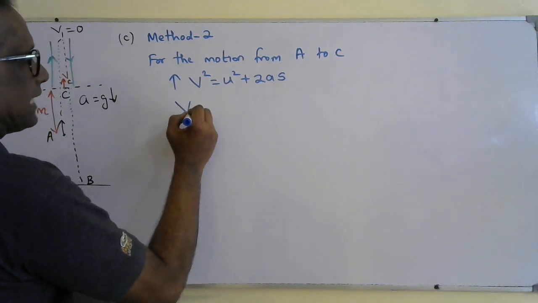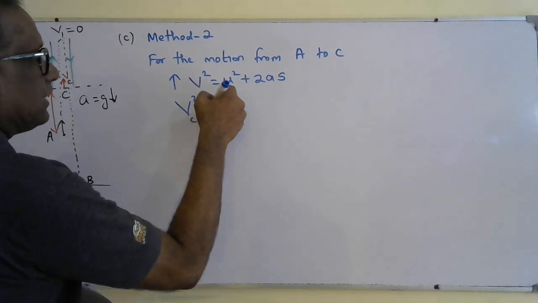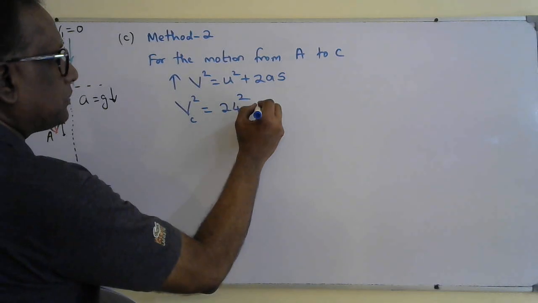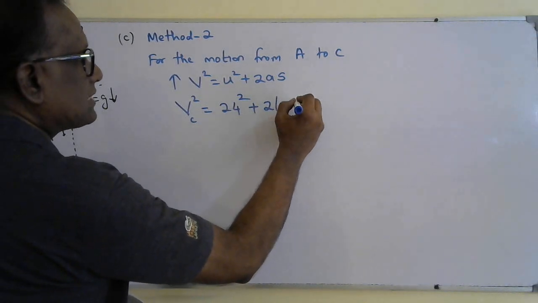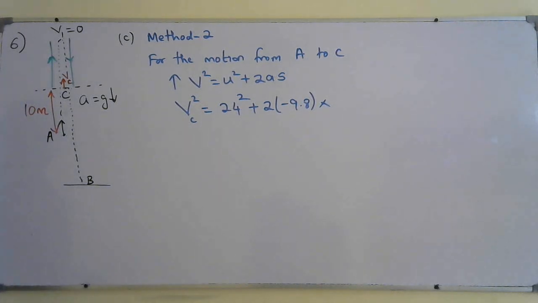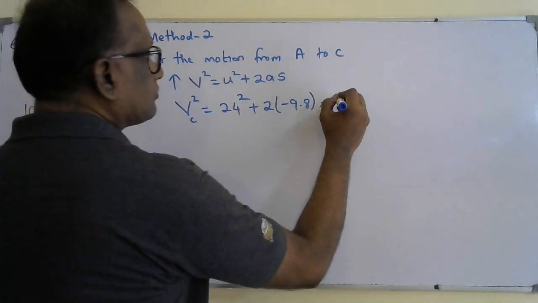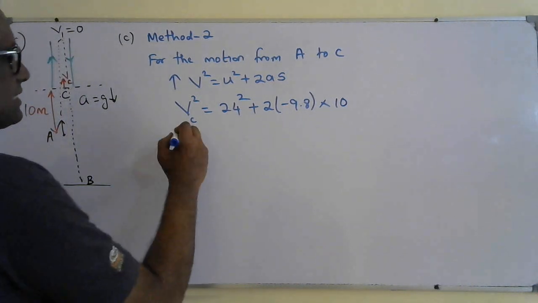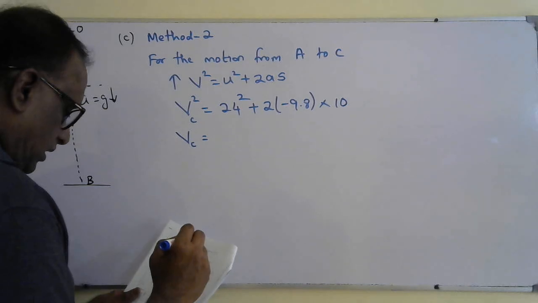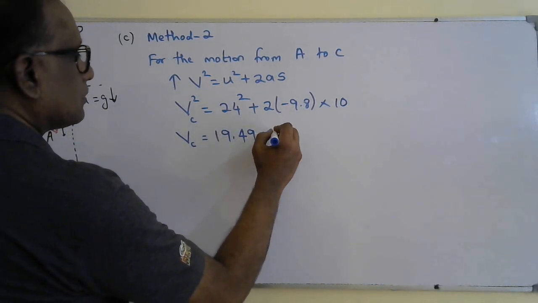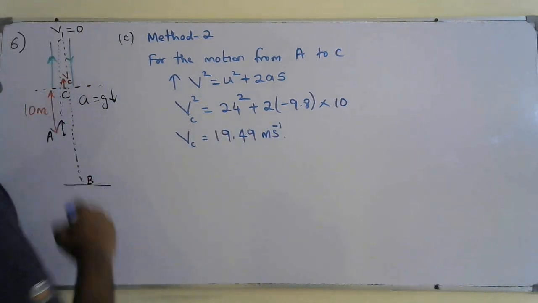V squared at C, that is Vc squared, equals the initial velocity at A, which we know is 24, squared, plus 2 into minus 9.8 into s, which is 10. So solve it and find Vc. You will get Vc equal to 19.49. So that's the velocity at point C.